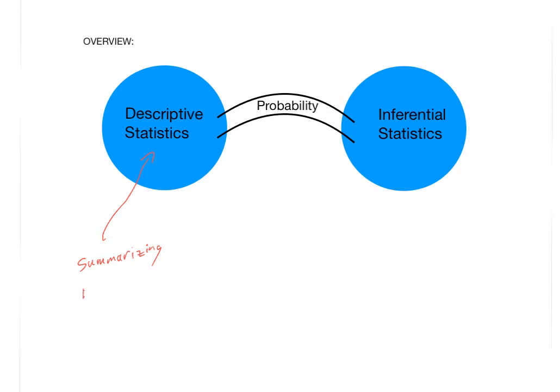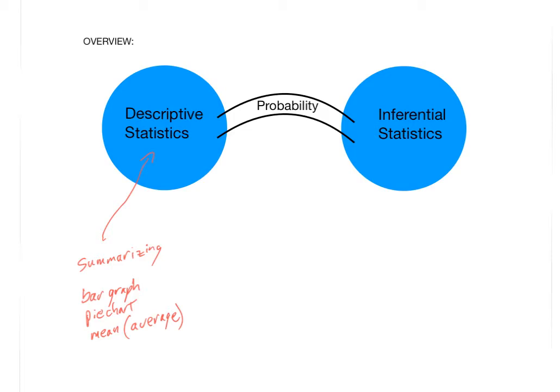So you could perhaps make something like a bar graph, things that you guys have seen for many years. You could make a pie chart, all kinds of different things. You could find the mean, or what many people call the average. There's all different types of computations or visuals that you can present that help people understand large sets of data. That is essentially what descriptive statistics is about.